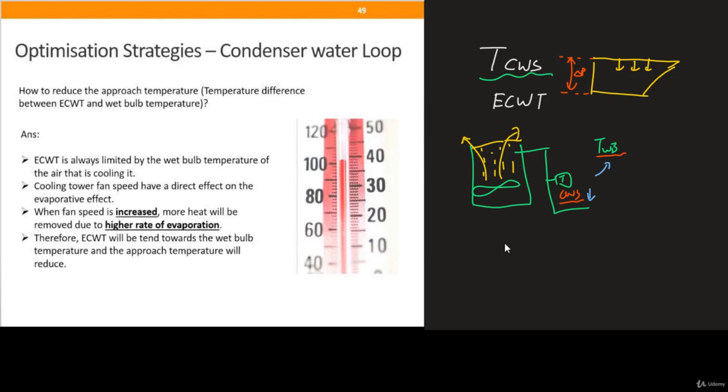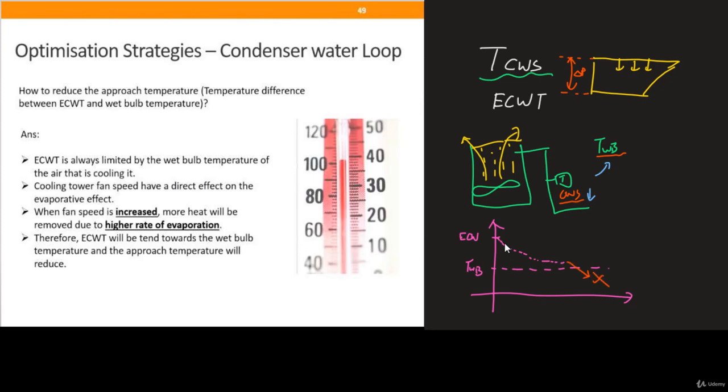So imagine if you have a curve like that, this is your wet bulb temperature, and this is your entering condenser water temperature. If you increase the fan speed, it will start to tend towards the wet bulb temperature. And of course, the best scenario is your entering condenser water temperature is the same as your wet bulb, because this temperature will never cross the wet bulb temperature line.